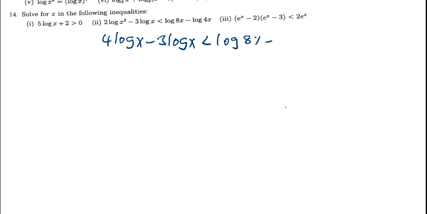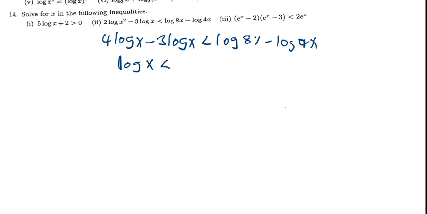Question 14b, which is 2. This one is just direct, where I'll shift 2 to come in front, so it will be 2 times 2, 4 log x minus 3 log x less than, then I have with this minus log 4x. From here, what I can do is I can just move this over. I'll end up having log x less than this one.